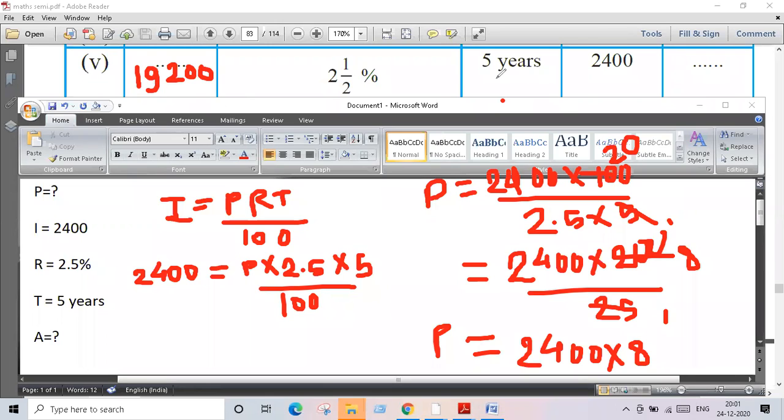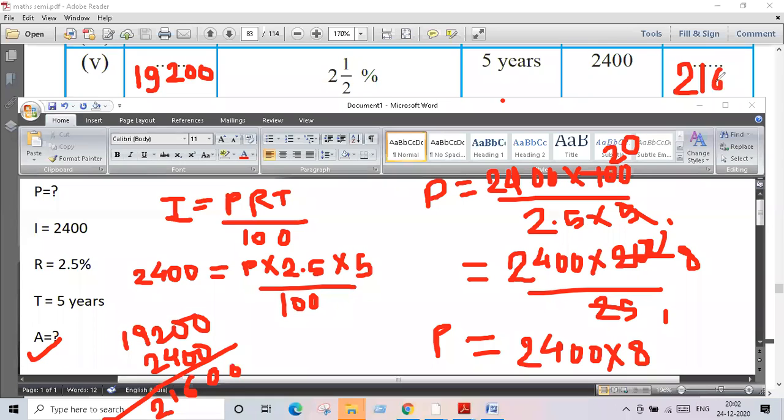And add 2400 to it, you will get the amount A. So 19,200 plus 2400, and you get the amount, 21600.